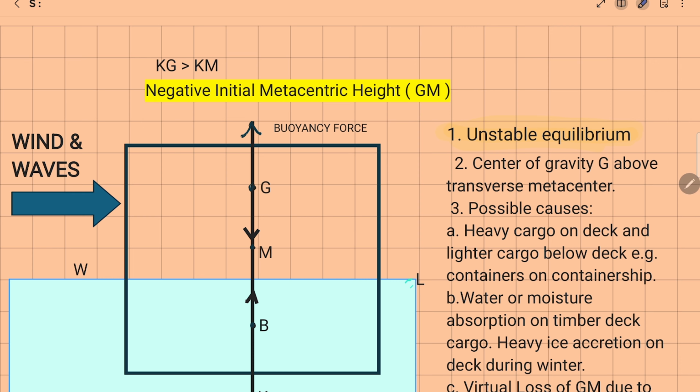So, in other words, we have got the procedures. We have the IMO intact stability code, which provides initial stability criteria. Initial height of metacenter must not be less than 0.15 meter.